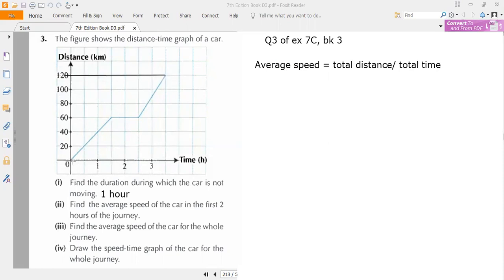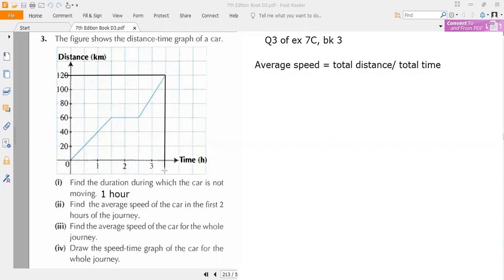It means starting from 0 till this point, the body has covered 120 kilometers. And in how much time is this 120 kilometers covered? It is covered in 3.5 hours.